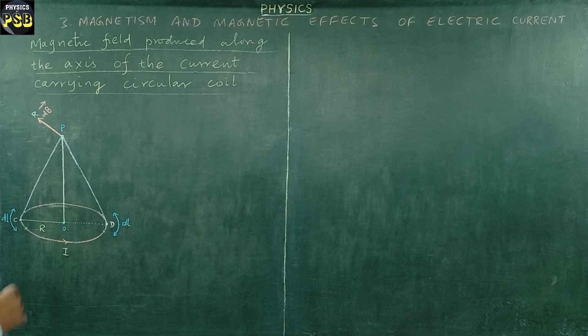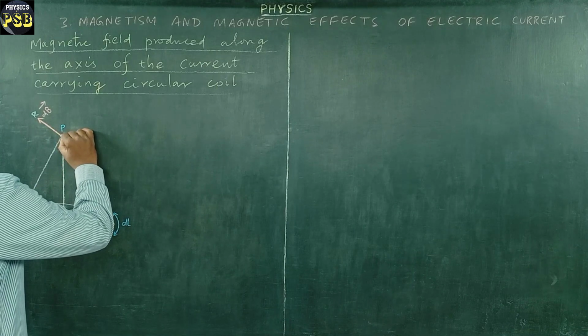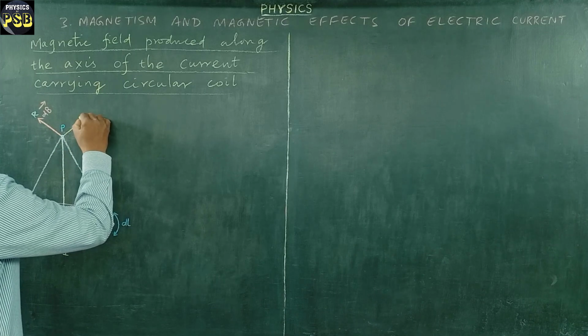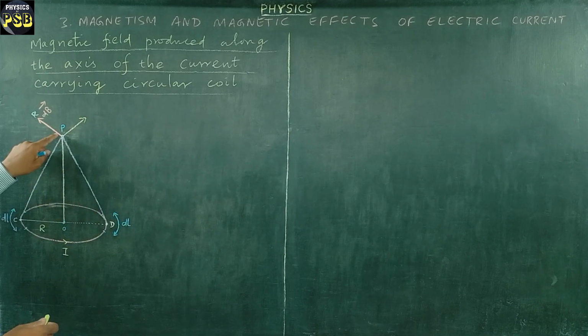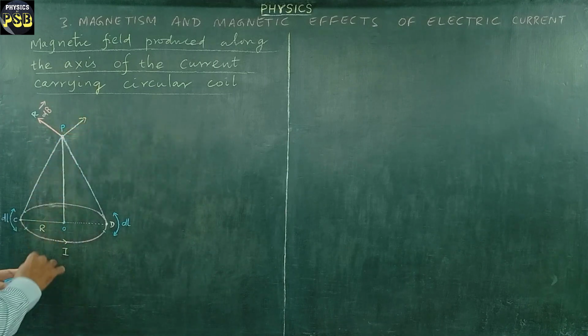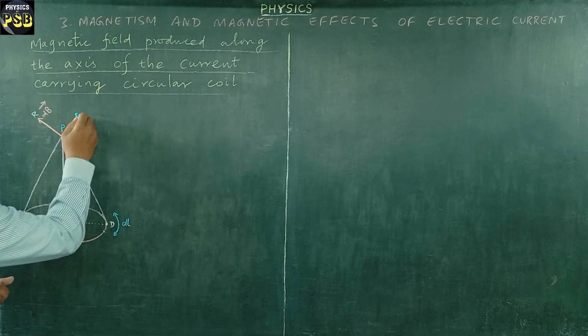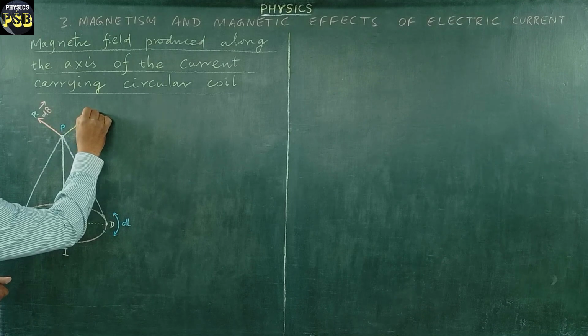Okay, in a similar way, I draw a line here, which is perpendicular to this line PD. I name this line as PS.